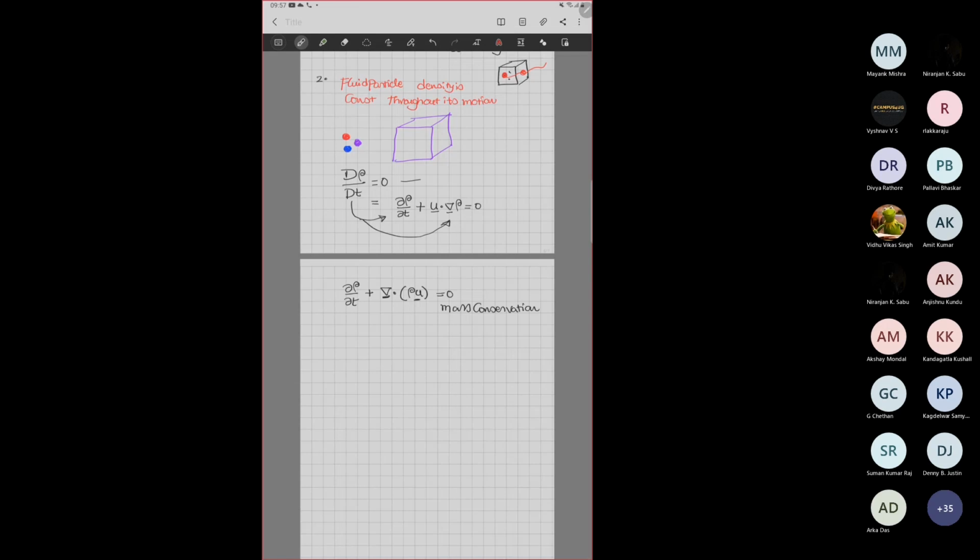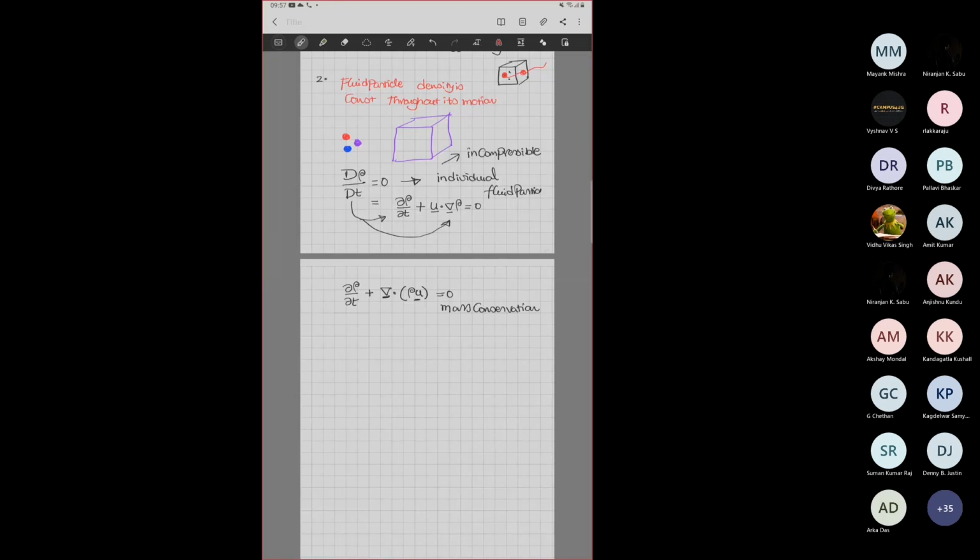This term, the individual fluid particle density variation, is 0. Such kinds of systems we call incompressible systems. Now we are looking at another case named incompressible systems. That means the individual fluid particle density variation is equal to 0.